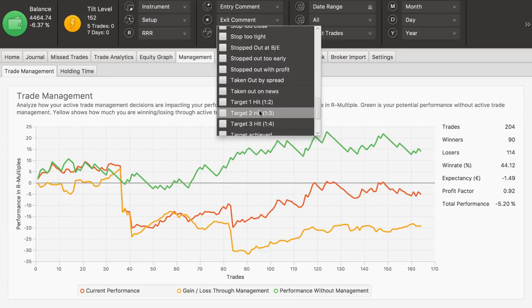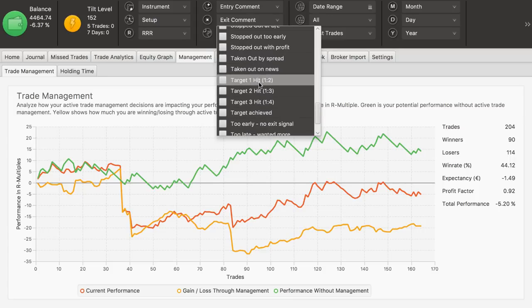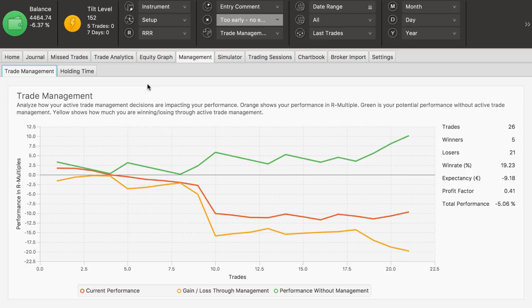He's using an exit comment where he's often exiting his trades too early: "no exit signal, too early". And here you can see this is also a huge difference. His current and actual performance is here at minus 10, whereas without trade management he would have been at plus 10, and again that is a 20 difference.